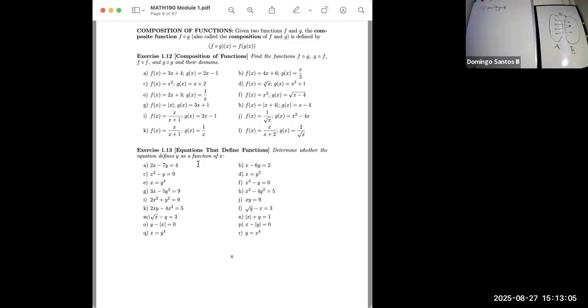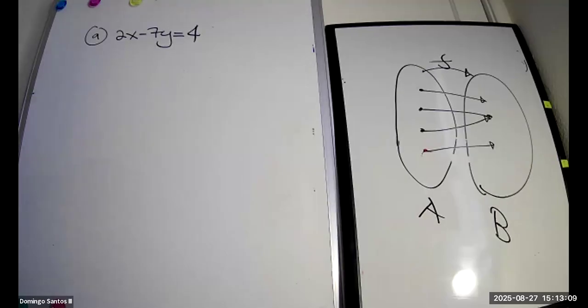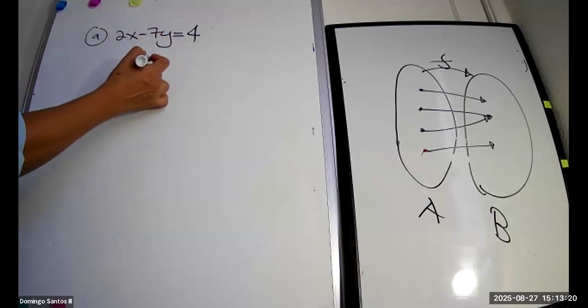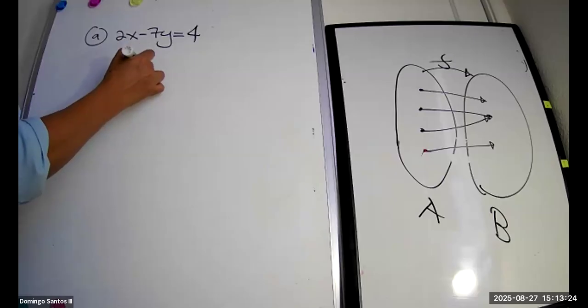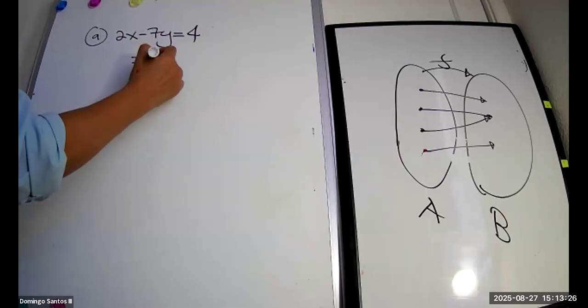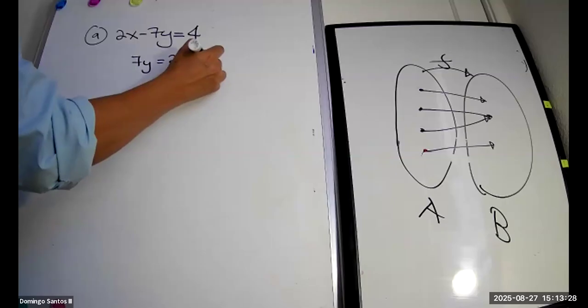Let's look at that. Now, what you will do here is isolate y and see what happens. So I could put 7y there, equals 2x minus 4.